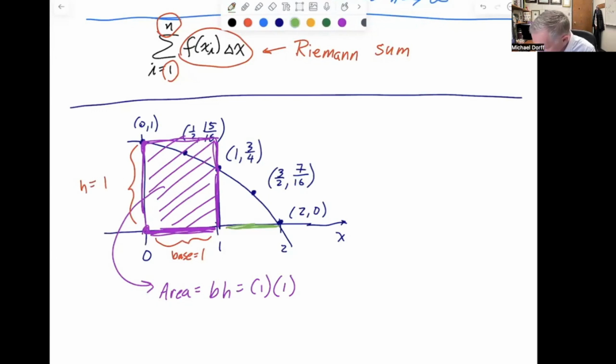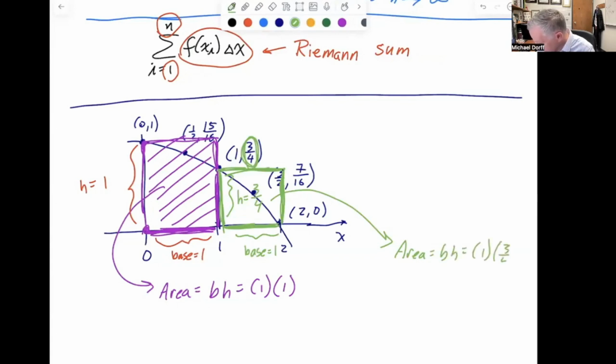For the second rectangle, the one on the right, I'm going to use this green color here, and the rectangle is going to look like this. The base is 1 also, and the height now is 3/4, which comes from this value right there. So this area equals base times height, which is 1 times 3/4.